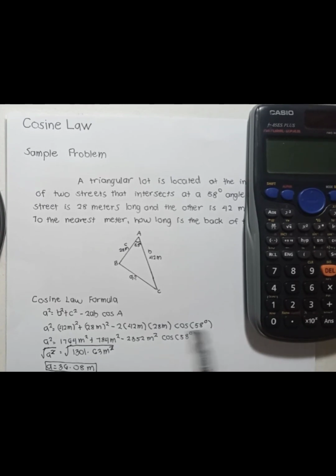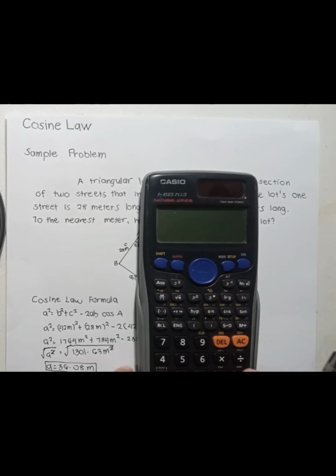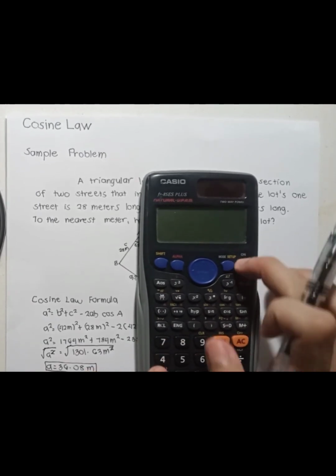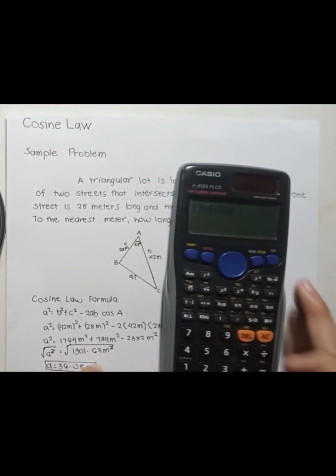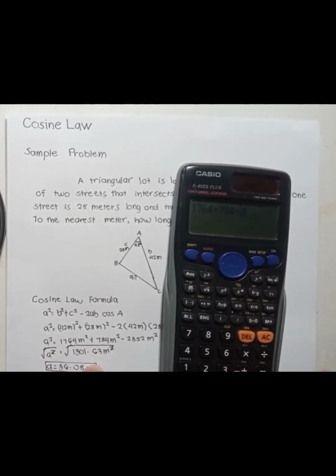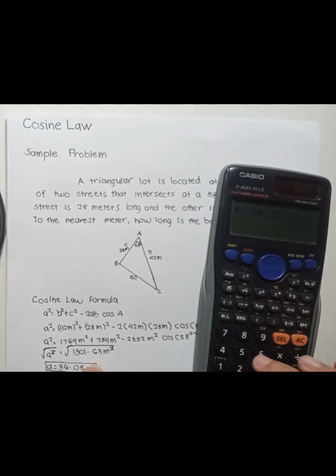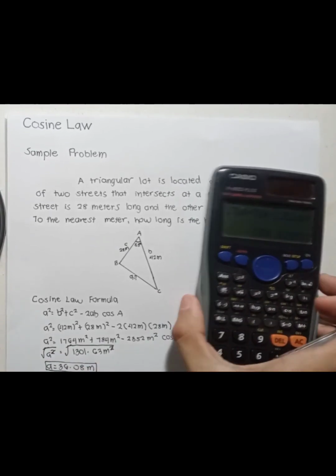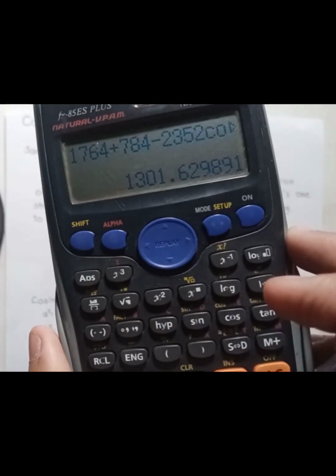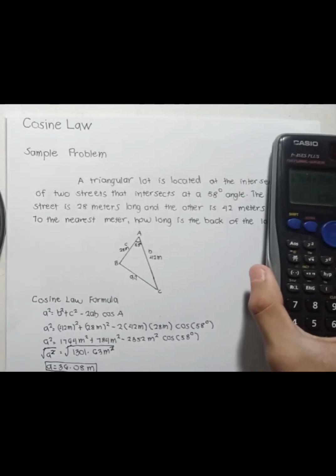Okay, so if we solve for this, it is 1764 plus 784 minus 2352 cosine 58 degrees, we will get the answer of 1301.63.